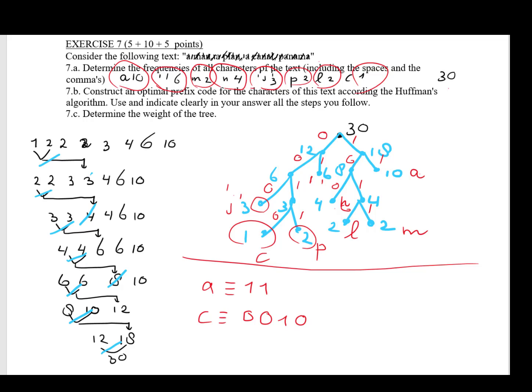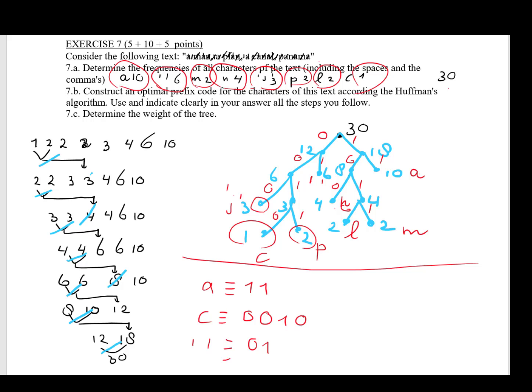That's a long code. And let's just do the space, the 6 one here, that would give us 0, 1. So in this way we have created an optimal prefix code for the sentence a man, a plan, a canal, Panama, with the commas and the spaces.